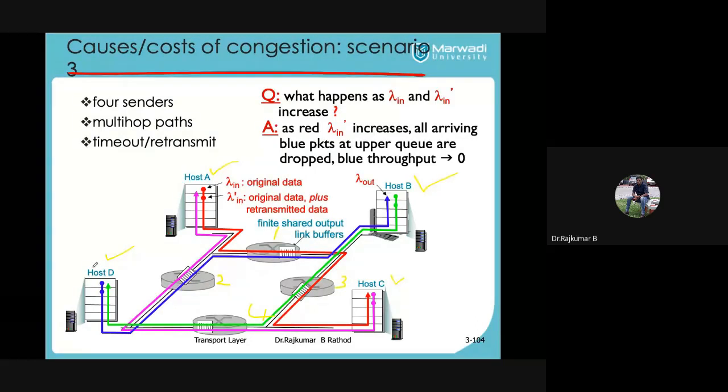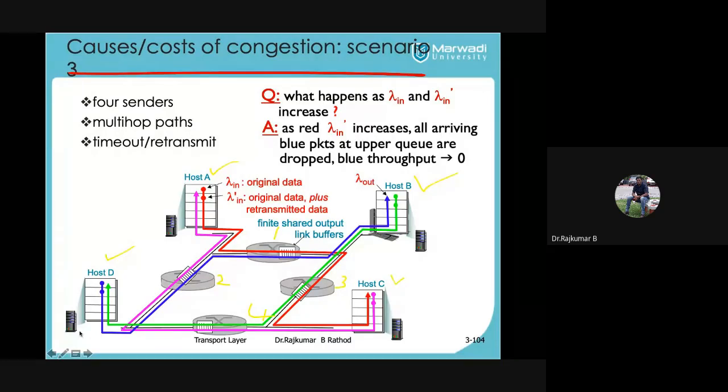Now see, the assumption here is, let us consider in this network for an instance of time, only host A and host C are going to communicate. The rest, host B and host D, are idle. So what will happen here?